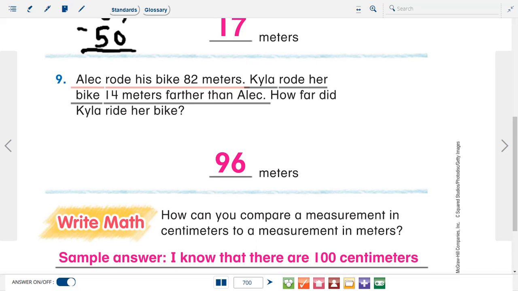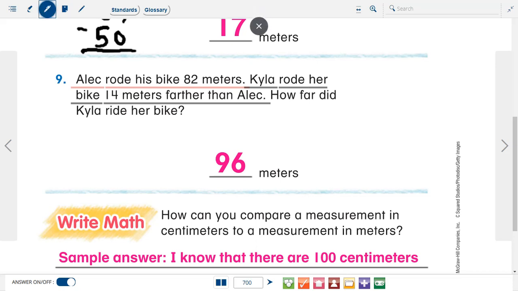How far did Kayla ride her bike? Now, in this question, we have different formula, okay? So let's read it again. Alice rode his bike 82 meters. Now Kayla rode her bike 14 meters farther than Alice. And when I say farther than, I mean more than. It means that Kayla rode her bike 82 meters, then another 14 meters.